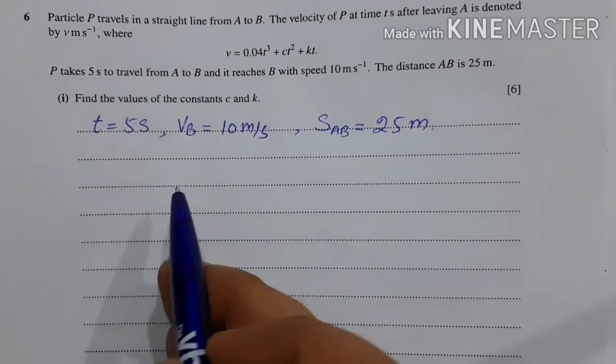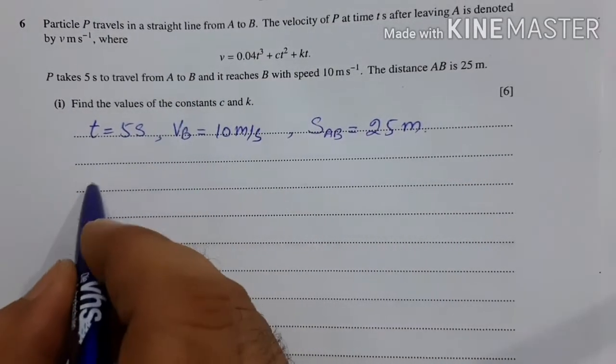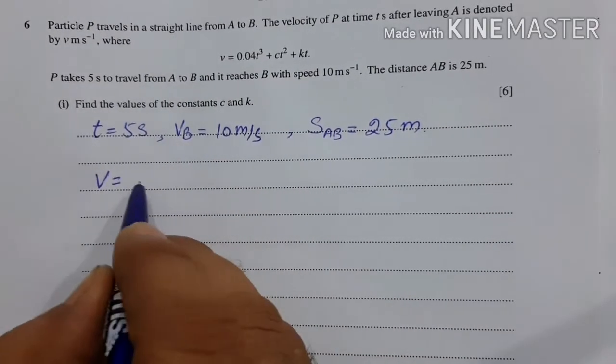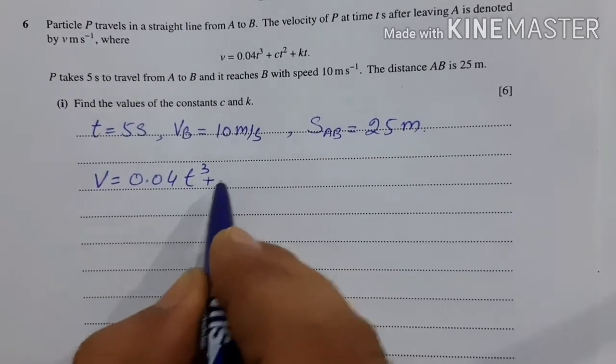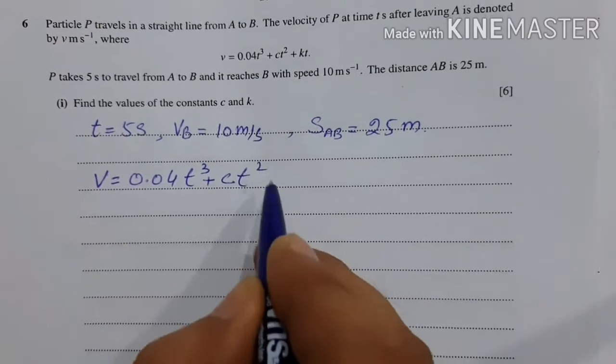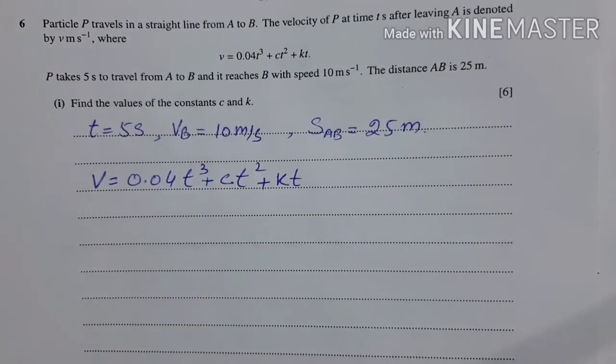So we are given the relation v is equal to 0.04 t cube plus c t square plus k t.